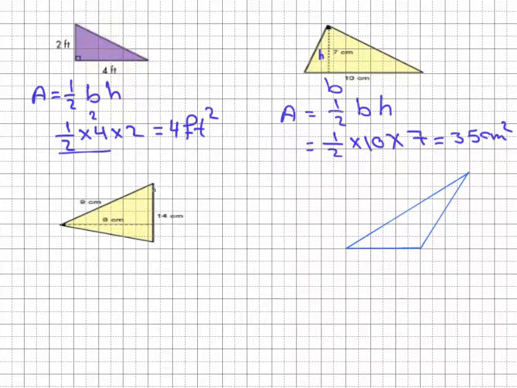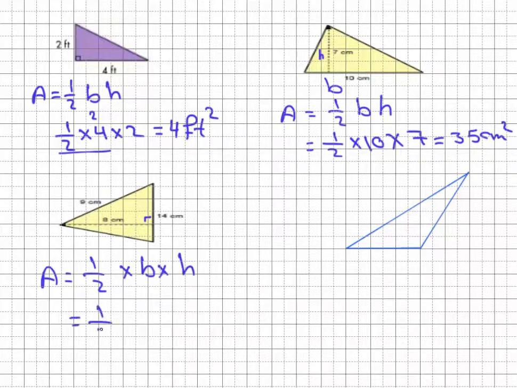Here we have another one. We can say this is the base and this is the height. The height here is the side 9. We don't care about this side because the base makes a right angle with the height here. Now area equals half multiplied by base multiplied by height.